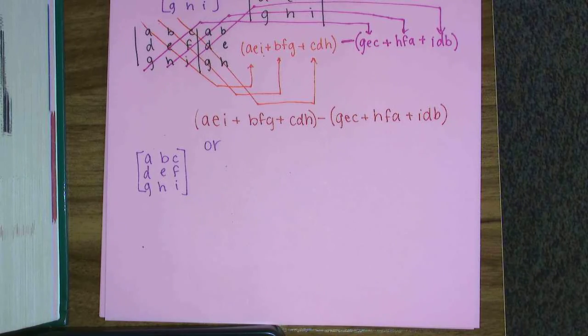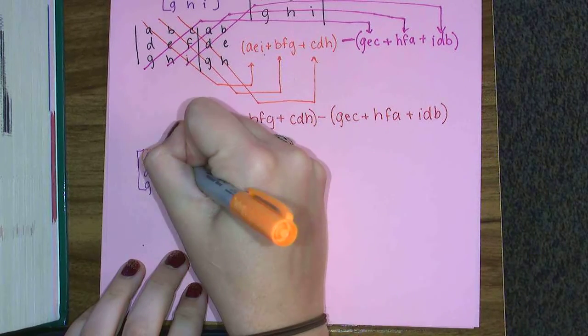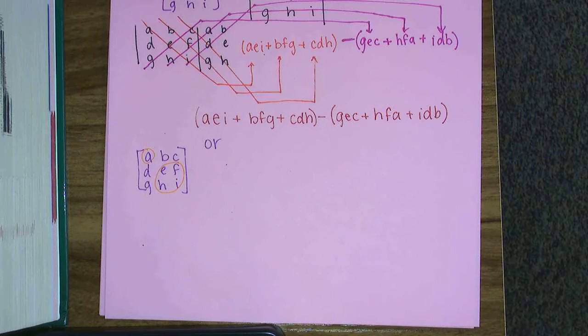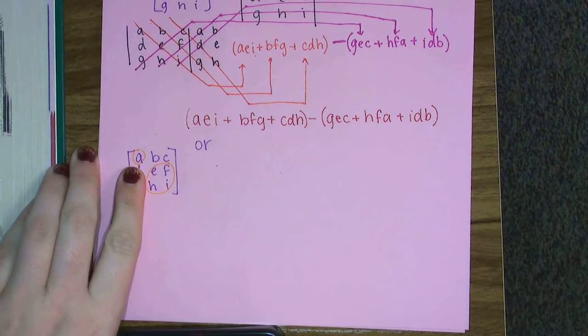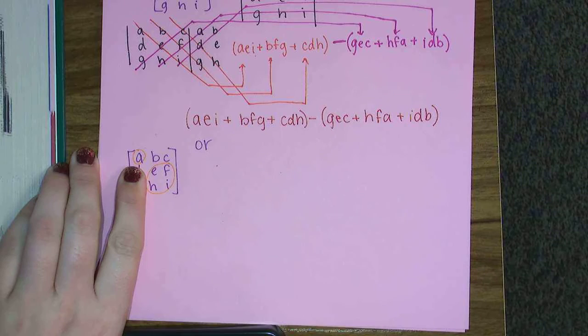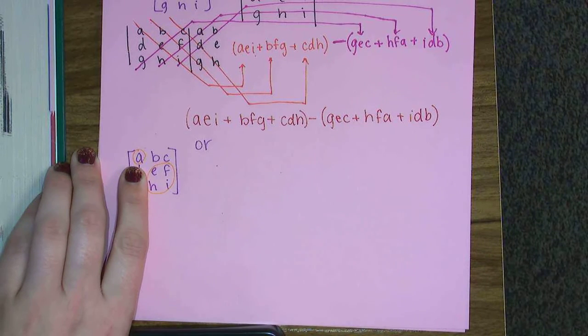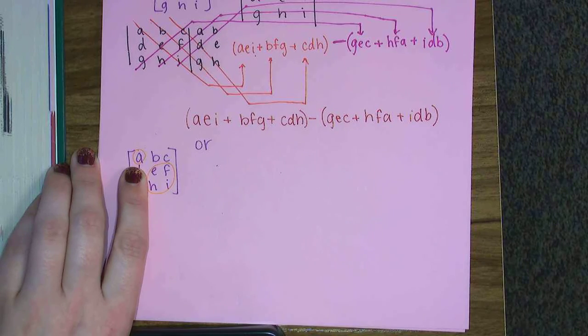When I'm doing A, I'm going to do A times the determinant of this EFHI. Basically you cover up the stuff that's in the column with the one you're using. It'll make more sense in just a second. After you do this first one, if you memorize the pattern, you never have to think about it this way again.